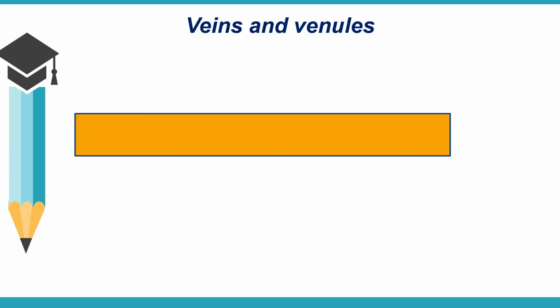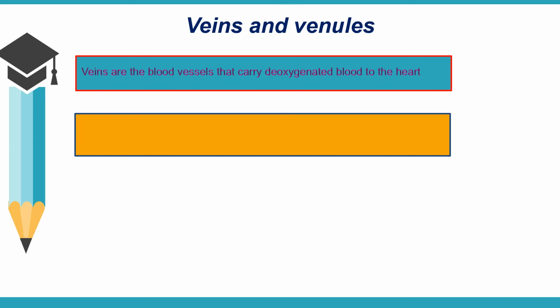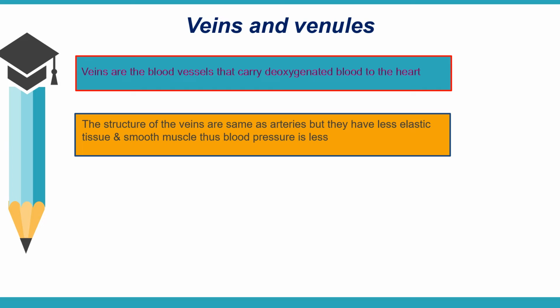Now come to the veins and the venules. Veins are the blood vessels through which deoxygenated blood comes from the body to the heart. The structure of the veins is the same as the arteries. That means, like arteries, veins also have three layers: the outer layer is tunica adventitia, the middle layer is tunica media and the inner layer is tunica intima.